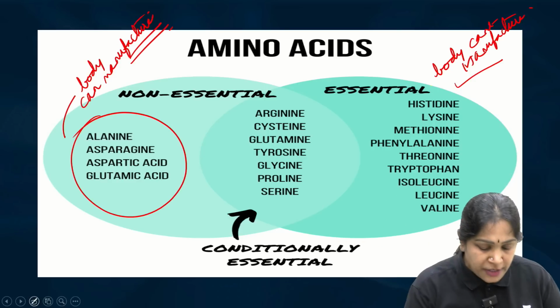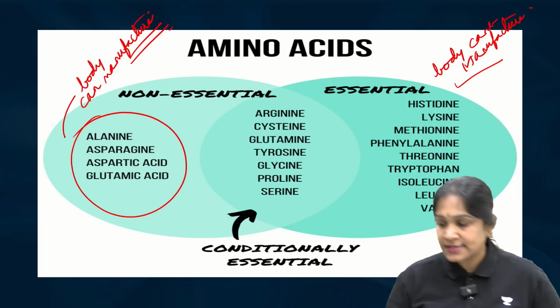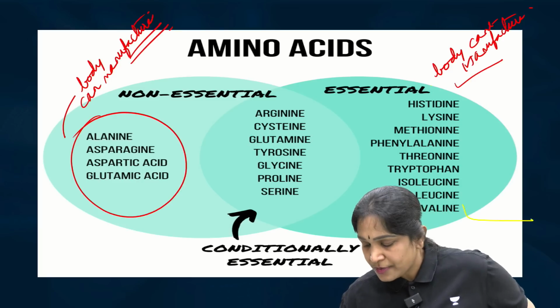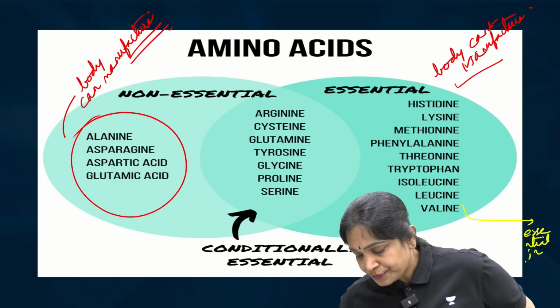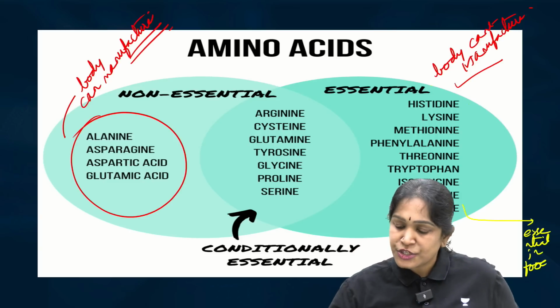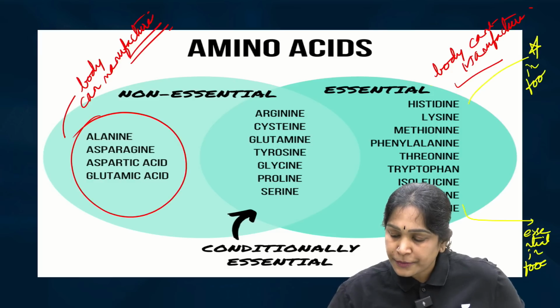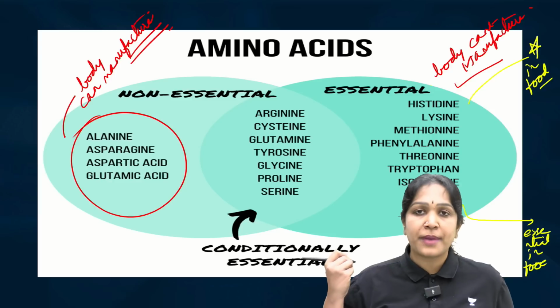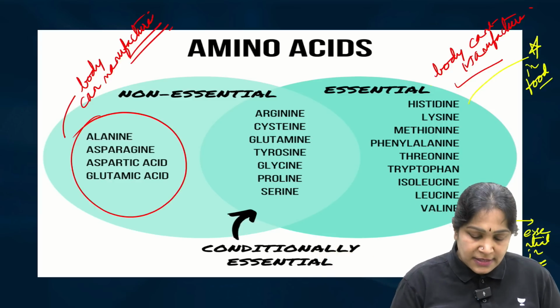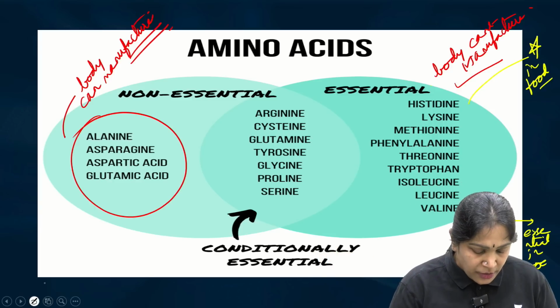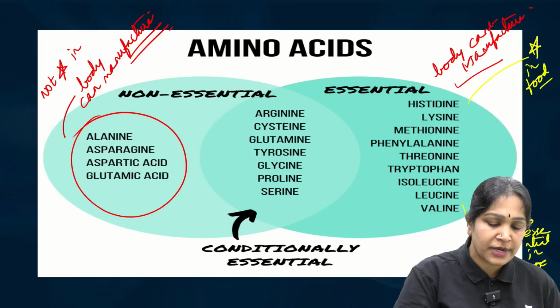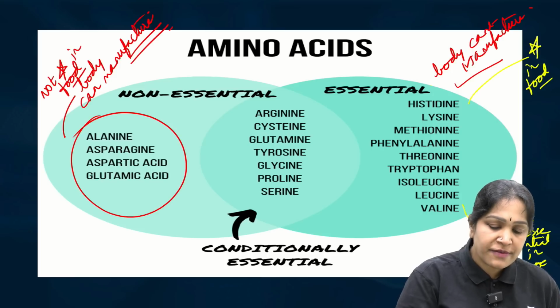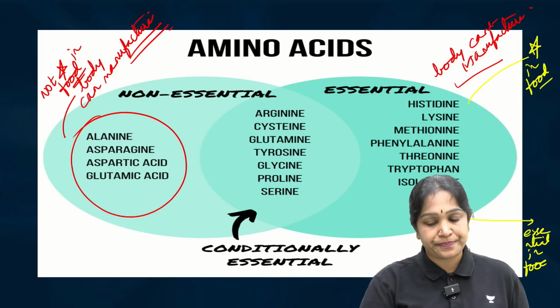Because our body cannot manufacture these amino acids, they are essential in the food, very important in the food. Whereas the non-essential amino acids are not important in the food, because our body can manufacture them.